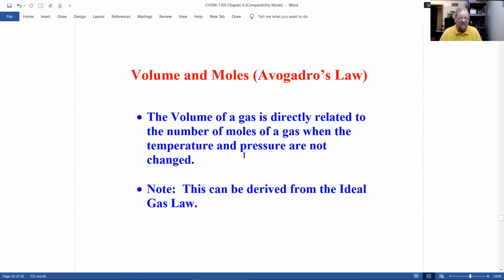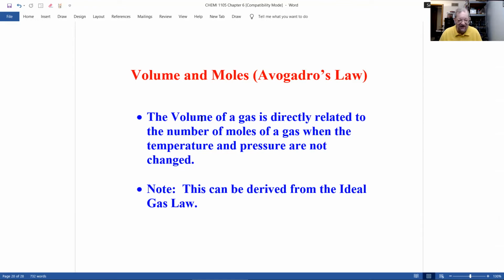All right, if you're reading the book, let's talk about volume and moles and somebody's name you've seen before, Avogadro's law. And what is Avogadro's law? And this is why 6.02 times 10 to the 23rd is called Avogadro's number in honor of him.